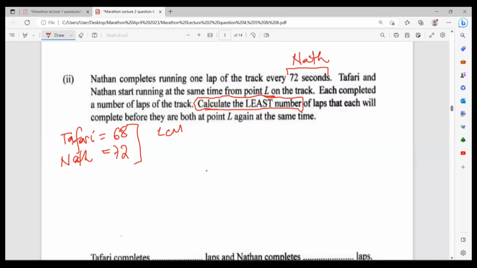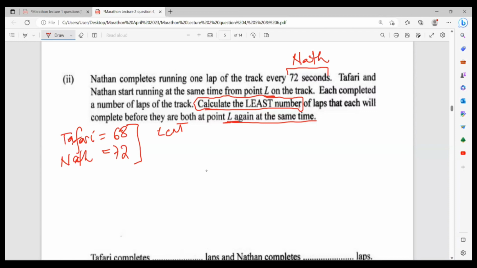Because, listen, calculate the least number of laps that each will complete before they are both at the same point again. See there? So there's the amount of laps you need. But in order to know the amount of laps, you're going to have to find a time that matches with both of them clashing. So LCM of 68 and 72. Anybody want to tell me quickly what they think? 68 and 72.